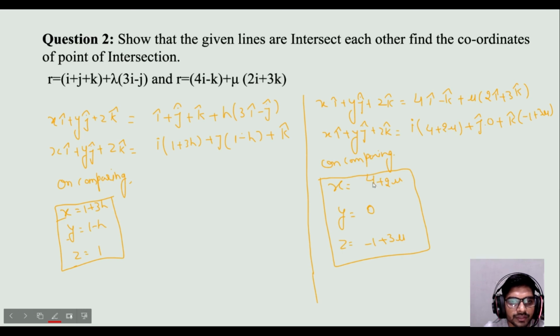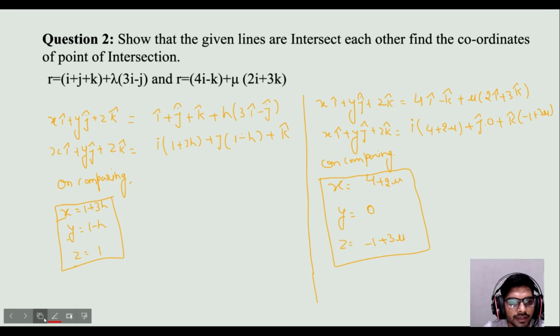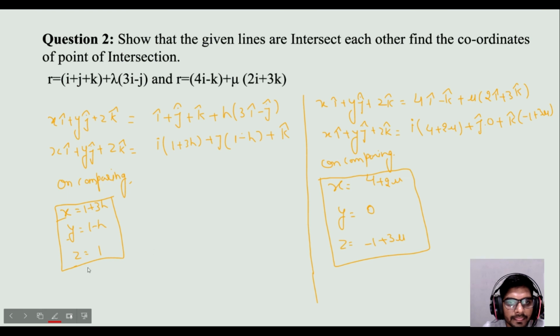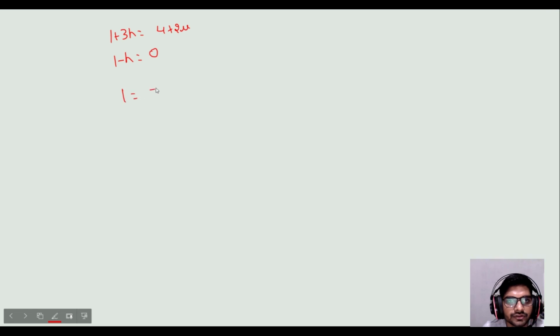So we equate these values: 1 plus 3 lambda equals 4 plus 2 mu, and 1 minus lambda equals 0, and 1 equals minus 1 plus 3 mu.